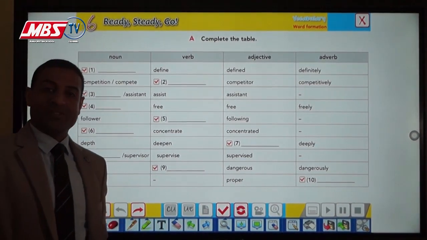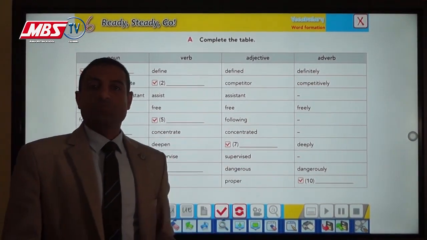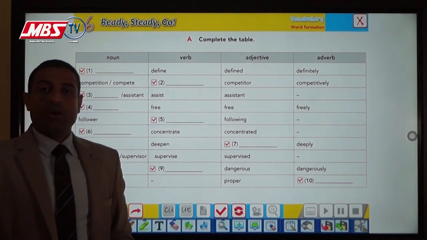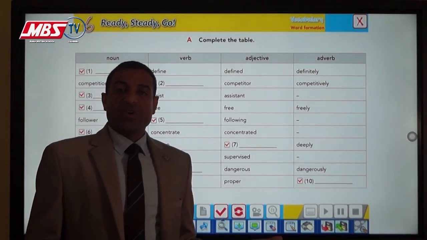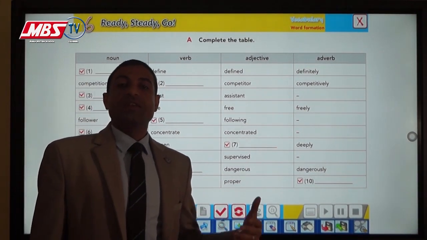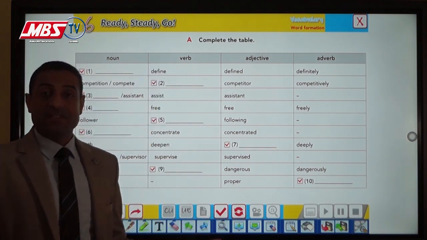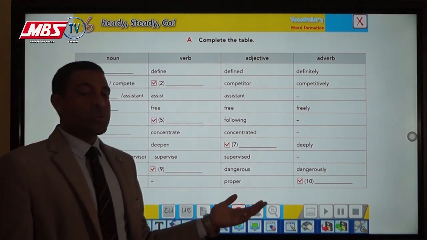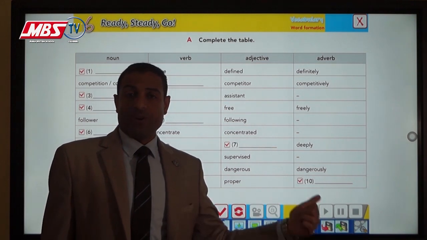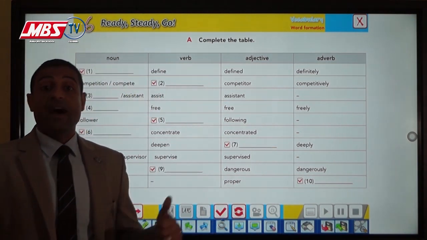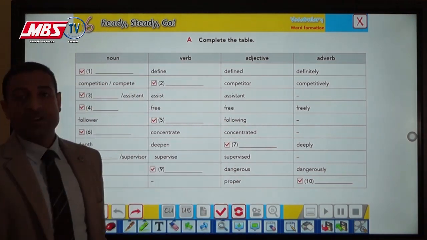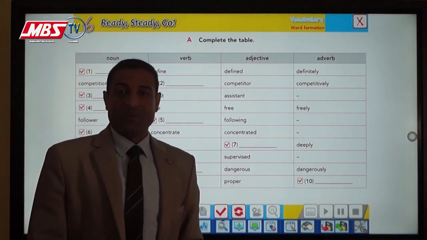Word formation. First, what does it mean, word formation? Some words in English have different forms that we can use in different places of the sentence. We can use the word as a verb, a noun, an adjective, or an adverb.